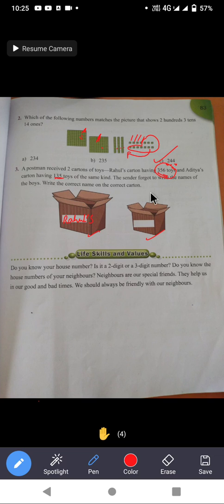And Aditya is having only 135 toys, so it will come in the smaller box, because Aditya has fewer toys. So this is Aditya's box. This is the bigger box, this is the smaller box. Rahul has more toys, 356, so it will go in this bigger one. So this is Rahul's box and this one is Aditya's box.